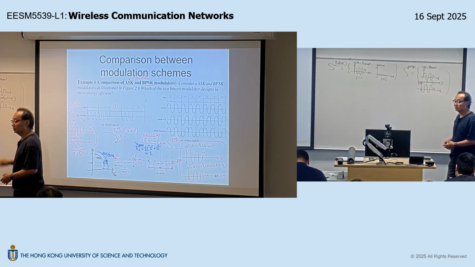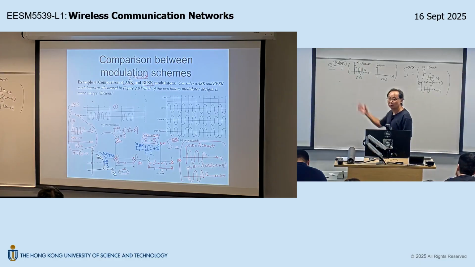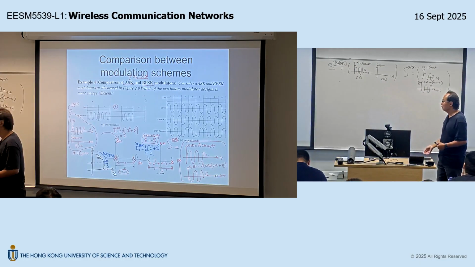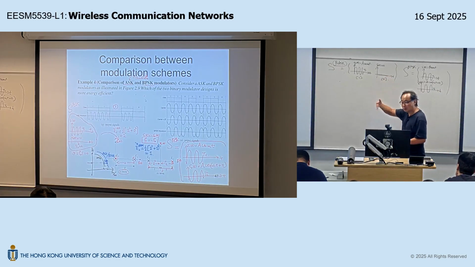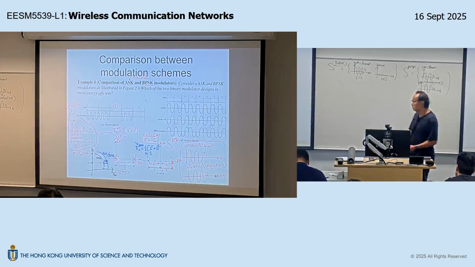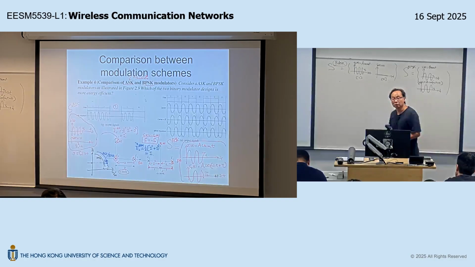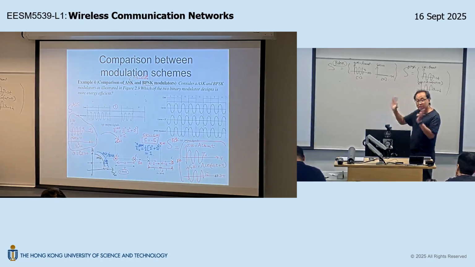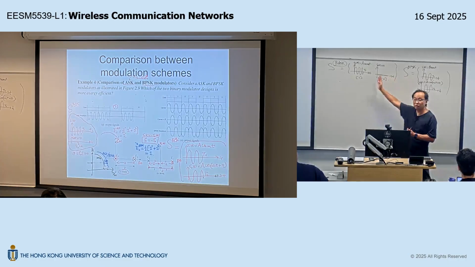Correct? Now let's try. Now, again, looking at this comparison using time domain waveforms, we can still take the algebraic approach that some of you may have learned before to go through the analysis. But now, since we learned the geometric approach, let's try to do the comparison in the geometric domain, okay? Now the way I specify my signal set is using time domain waveforms, right?